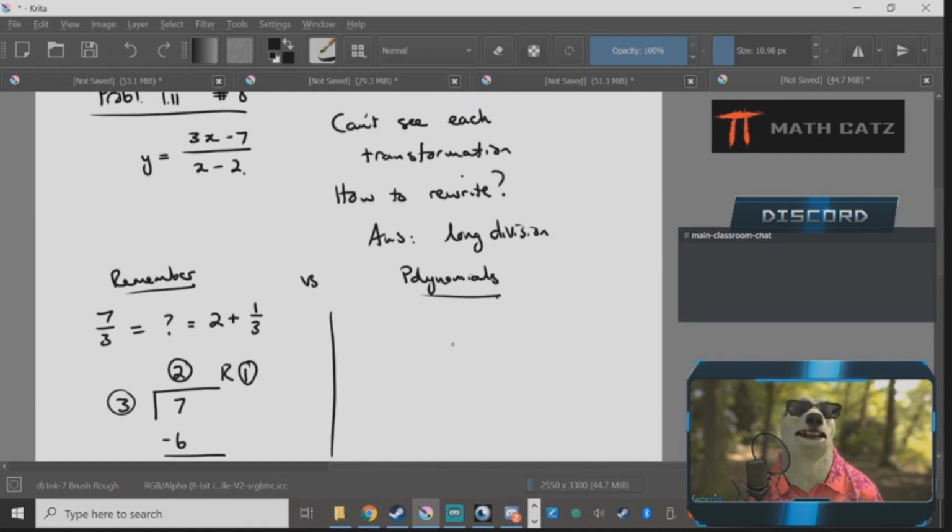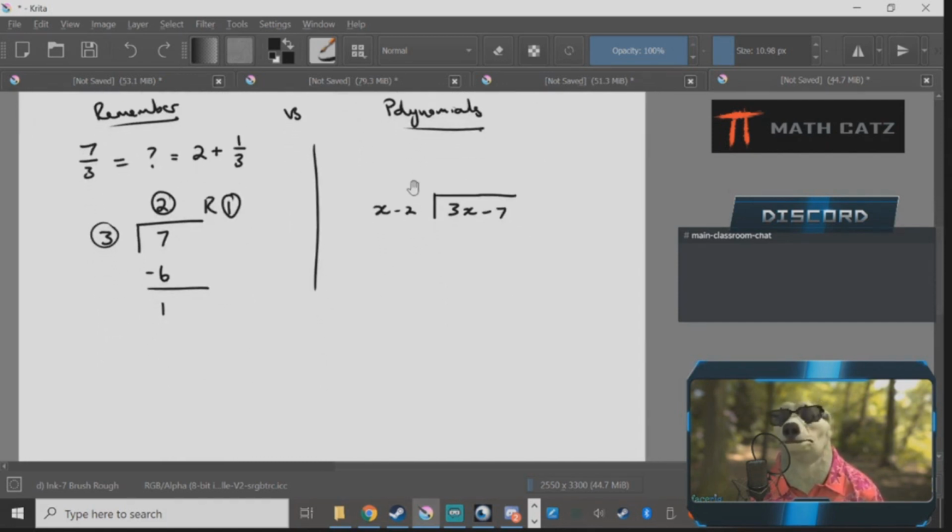Our numerator is inside the house, 3x minus 7. Our divisor is x minus 2 outside the house. But we're doing almost the same thing. Almost the same. We have multiple terms, so there's a slight adjustment.